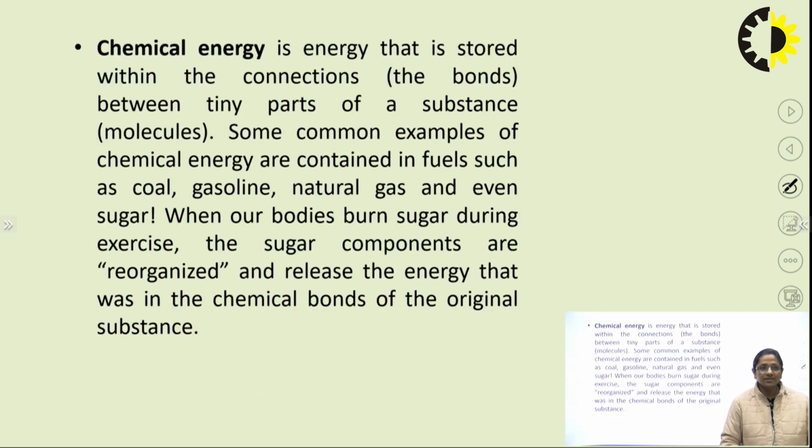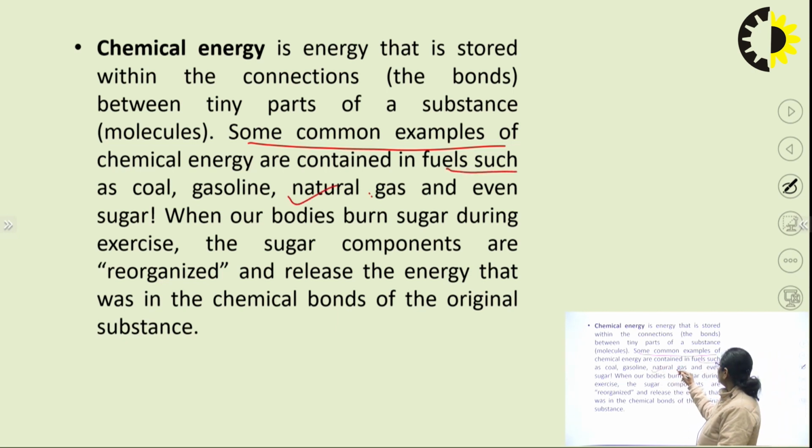Starting with the chemical energy. Chemical energy is energy that is stored within the bonds between tiny parts of a substance, molecules. Some common examples of chemical energy are energy contained in fuels such as coal, gasoline, natural gas, and even sugar.